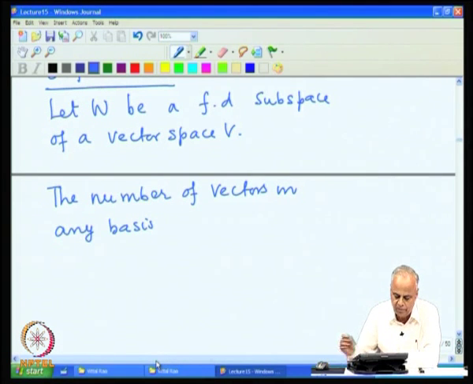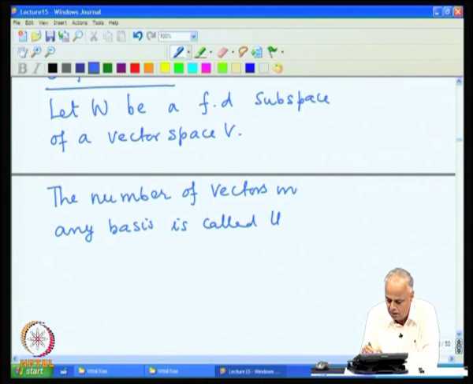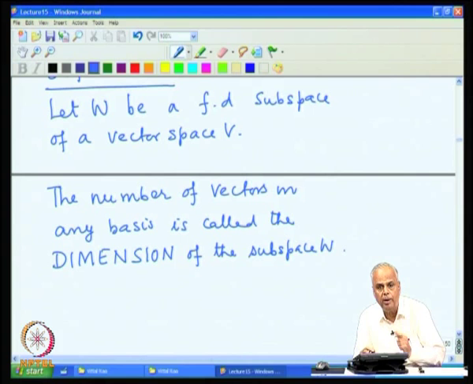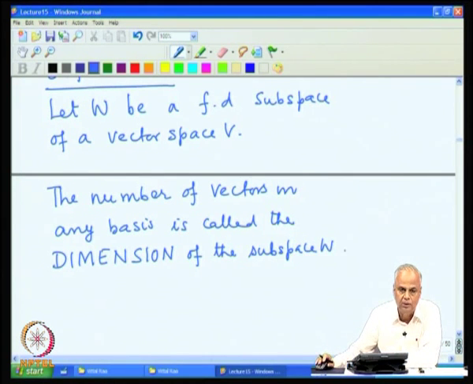So, the number of vectors in any basis is called the dimension of the subspace W. This is an algebraic notion of dimension. There are various interpretations of dimension.